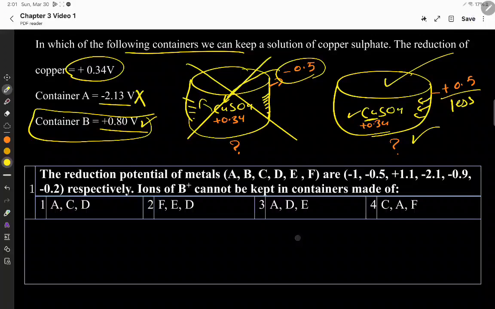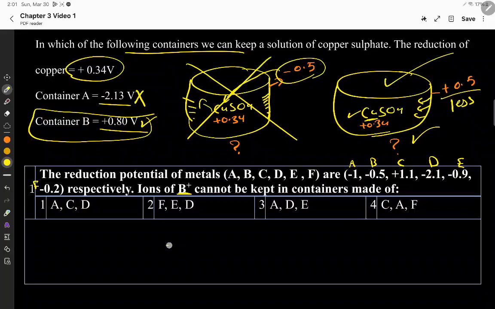If we look at this question, we have metals A, B, C, D, E, and F, the last one, respectively. Ions of B cannot be kept in containers made of what?